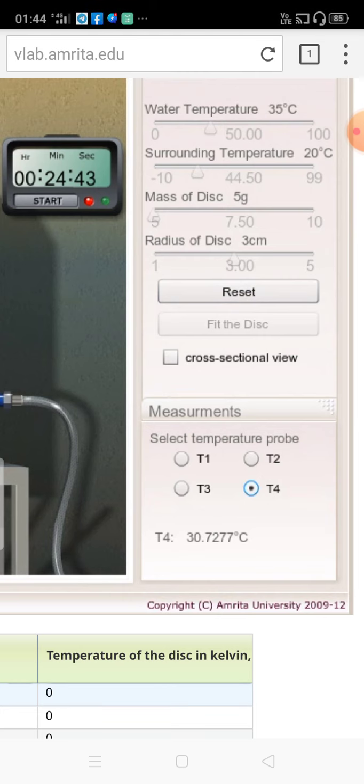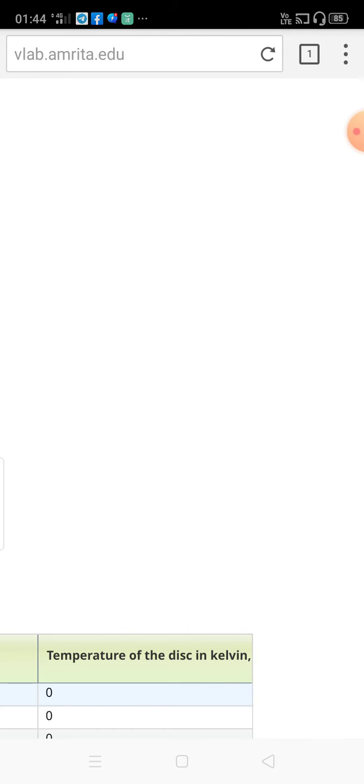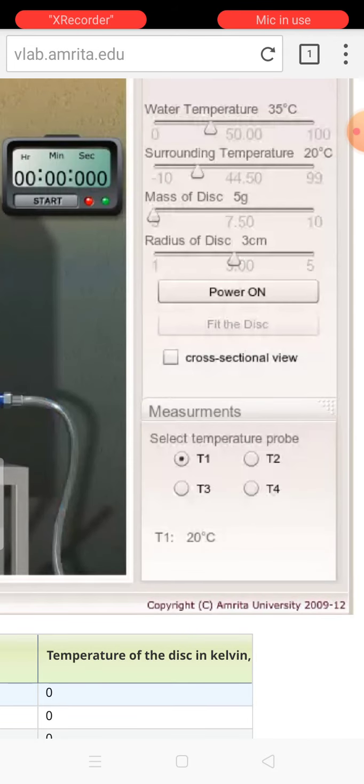So now I am showing you finally. Remember that I am keeping the water temperature at 35 degrees, the surrounding temperature is 20 degrees, the mass of the disc is 5 gram, and the radius of the disc is 3 centimeter, and it is now coming steady because I am resetting it. So after you start your operation, you have to reset, bringing them back to the 0 condition.